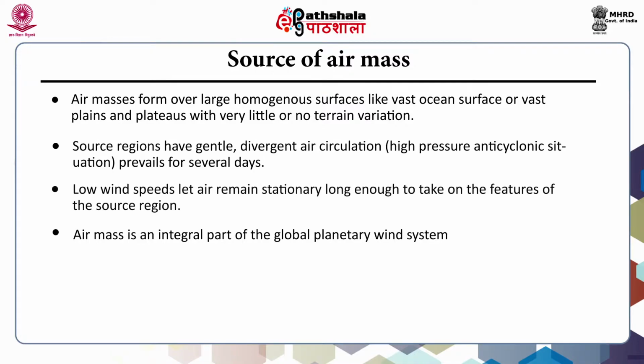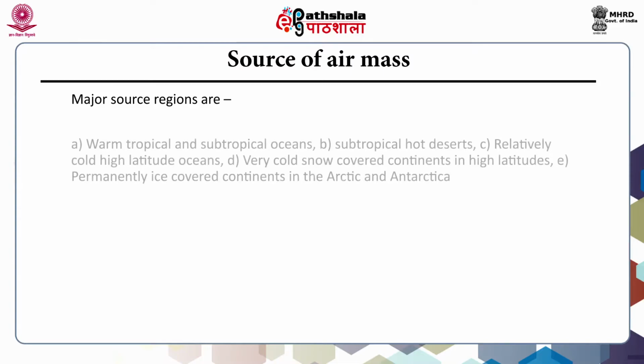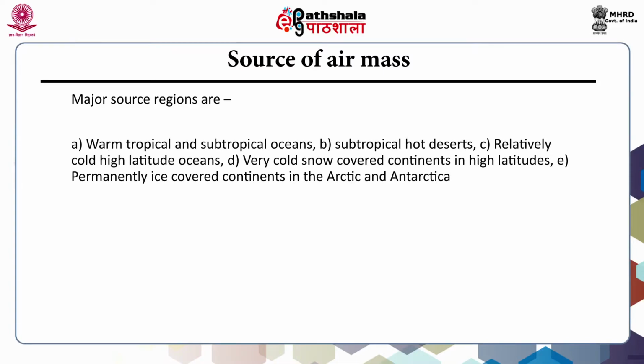Low wind speeds let air remain stationary long enough to take on the features of the source region. The major source regions are warm tropical and subtropical oceans, subtropical hot deserts, relatively cold high latitude oceans, very cold snow-covered continents in high latitudes, and permanently ice-covered continents in the Arctic and Antarctica.